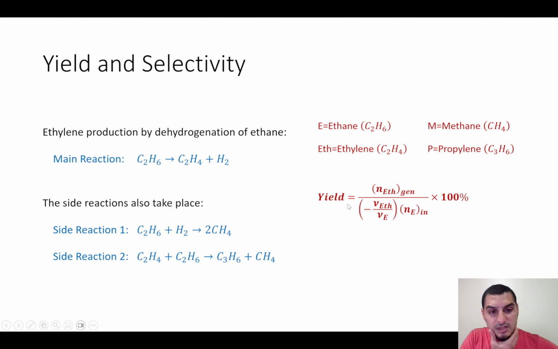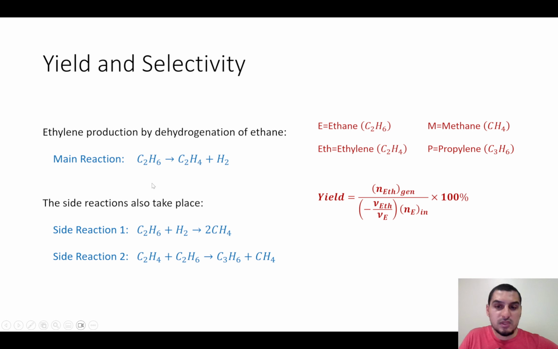So we have this denominator, which seems a little weird, but it's very simple. If you think of the number of moles of ethylene that would be theoretically produced, you just look at this equation. If this is, let's say, 10 moles, then it's going to produce 10 moles, if the 10 moles are totally consumed. If this is 50, it would be 50. So it's the same number.